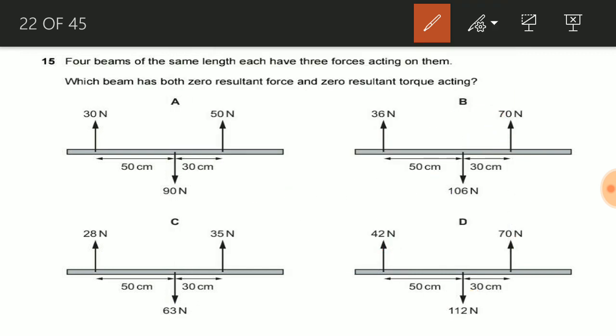If the moments are equal, then the resultant torque will also be 0. These two forces are balanced by this force, and the torque of 70 Newton and the torque of 112 Newton are equal. So option choice D is the correct answer for question number 15. In other choices, the torque is not equal in option choices B and C, and the force is not equal in option choice A.